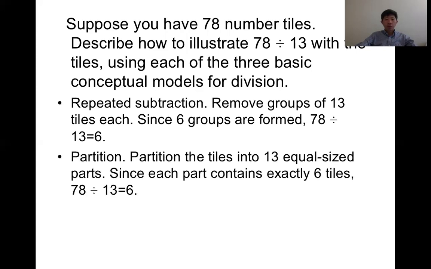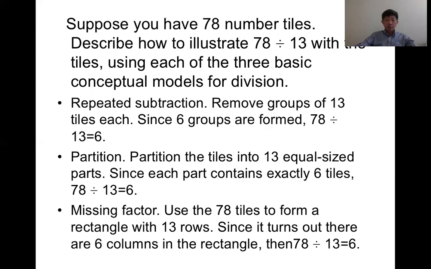And next, we have the partition model. Partition the tiles into 13 equal-size parts. Since each part contains exactly 6 tiles, 78 divided by 13 is equal to 6, okay?